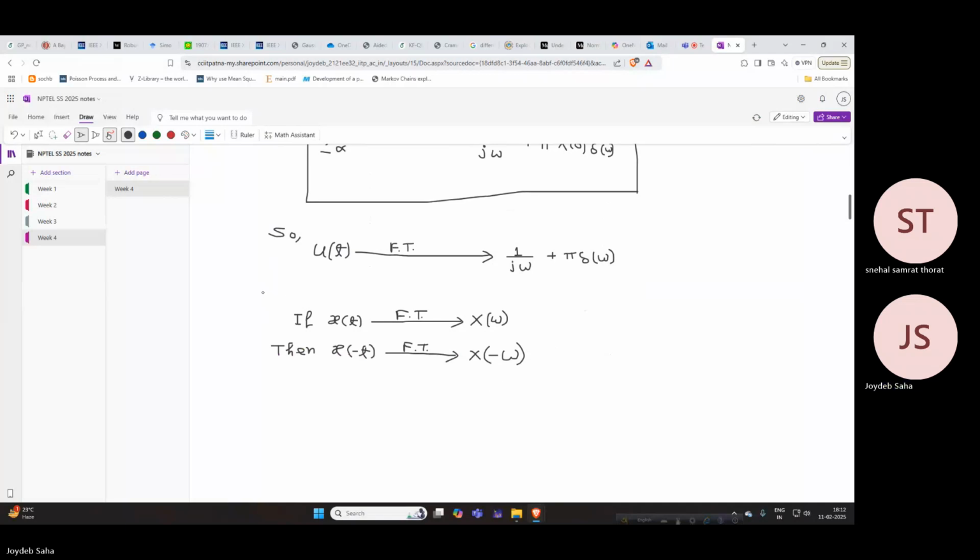Fine. This is the time reversal property.